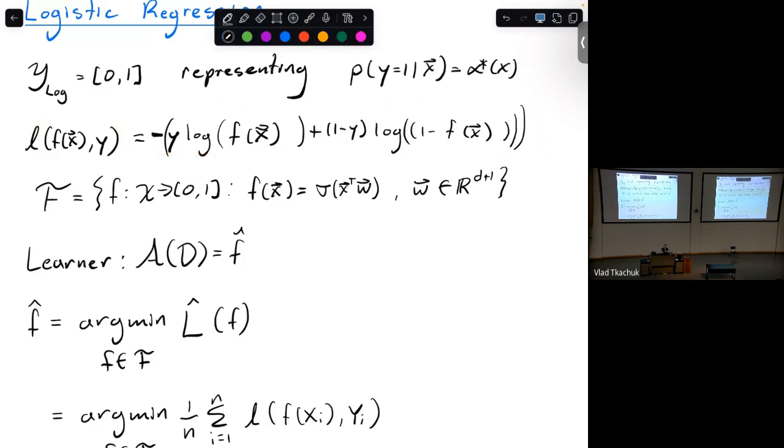And this has a name, which is something I wanted to mention. In the machine learning world, people will just say, let's do classification where we use the binary cross entropy loss. So this is the binary cross entropy loss.